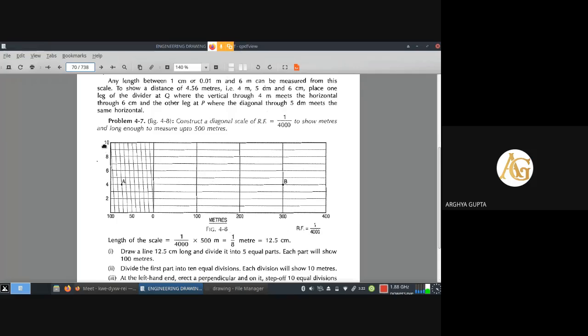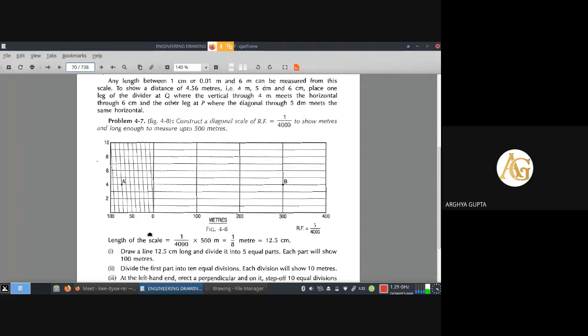Now we will get these lines, so draw the line throughout the scale, the 10 lines from 1, 2, 3, 4 up to 10. Draw all the lines throughout the scale. So we'll get this scale done, and the whole drawing of the scale will be done.